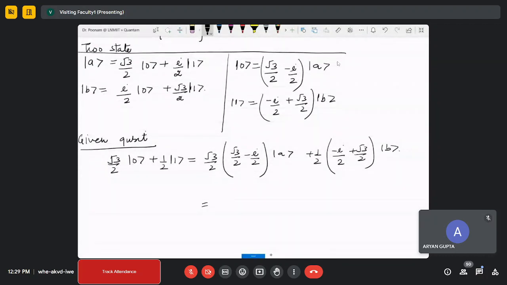Okay. So when you are solving it, it will be 3 minus iota by 4 a plus root 3, 1 minus iota upon 4 b.